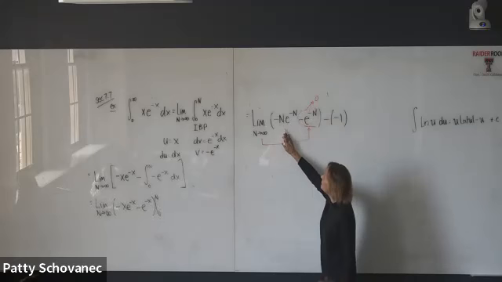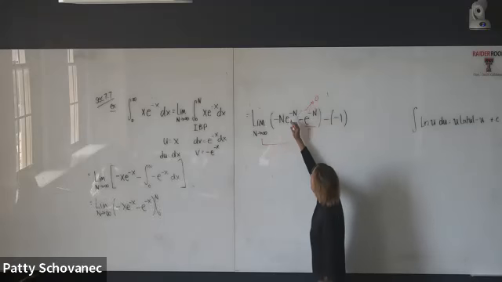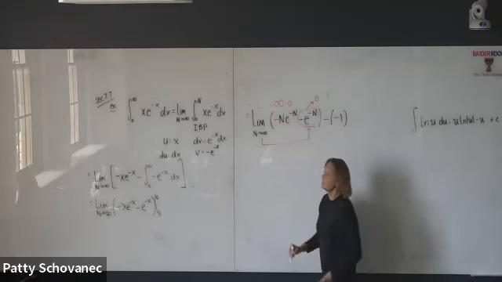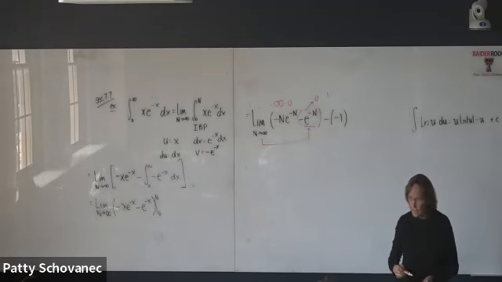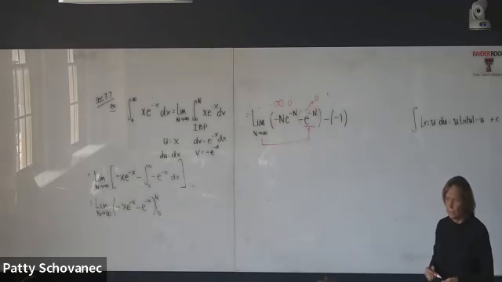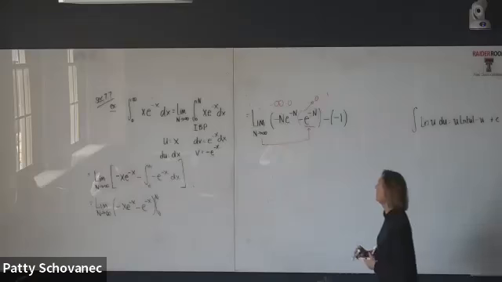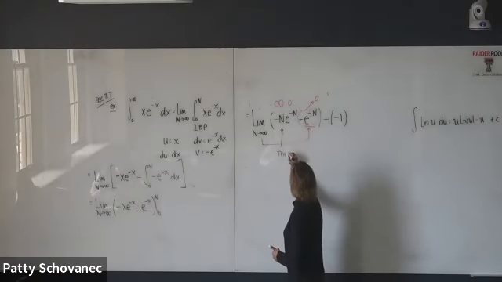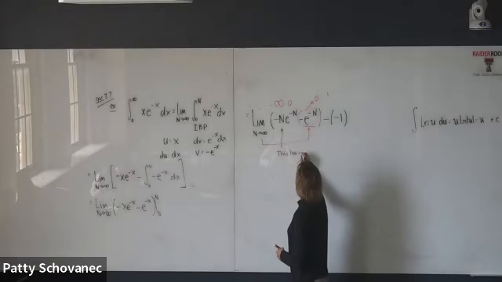This one behaves like infinity times 0. Actually, minus infinity times 0, but infinity times 0 is not necessarily 0. Infinity times 0 is an indeterminate form. So this has an indeterminate form that involves some steps.